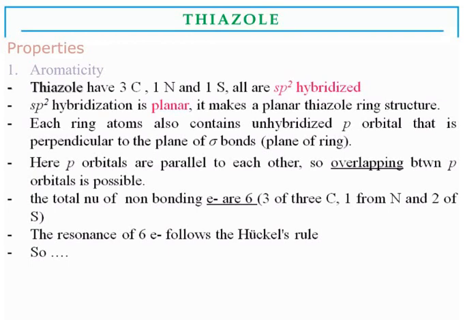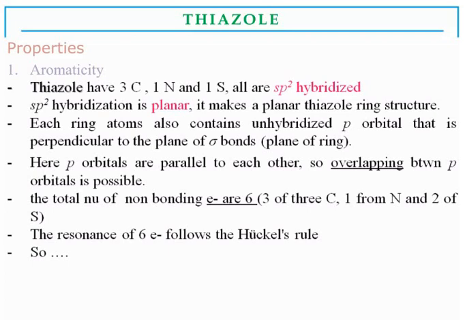Each ring atom also contains an unhybridized p orbital, as you have just seen, that is perpendicular to the plane of sigma bonds, the plane of the ring. Here the p orbitals are parallel to each other, so overlapping between p orbitals is possible.